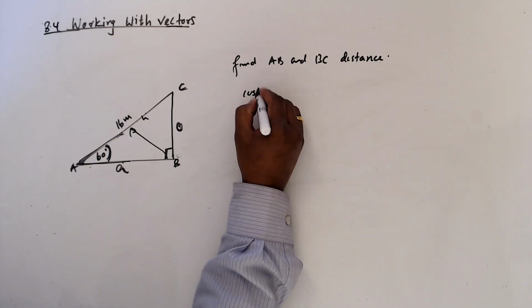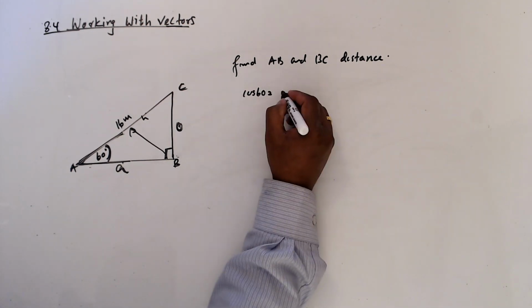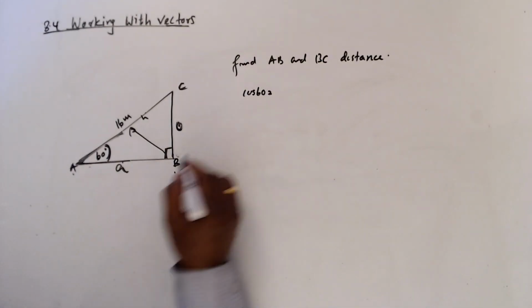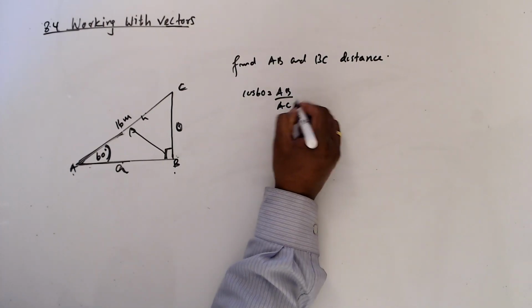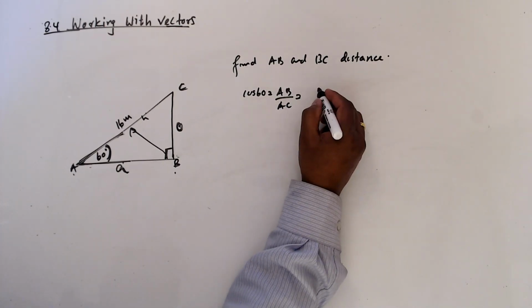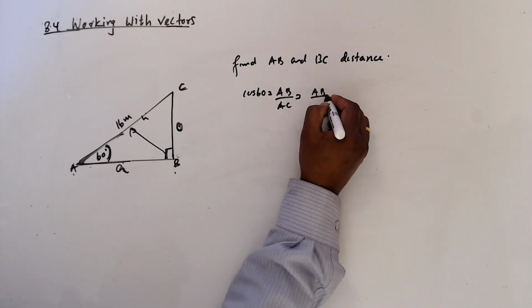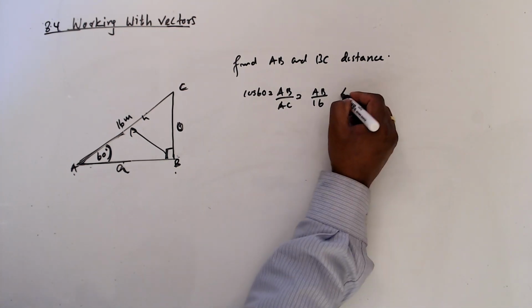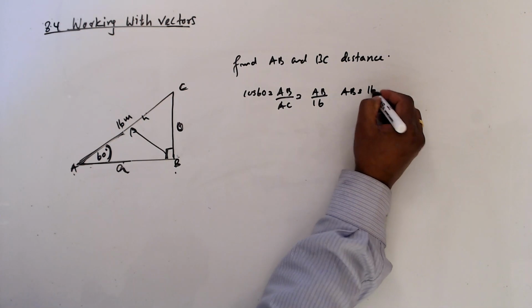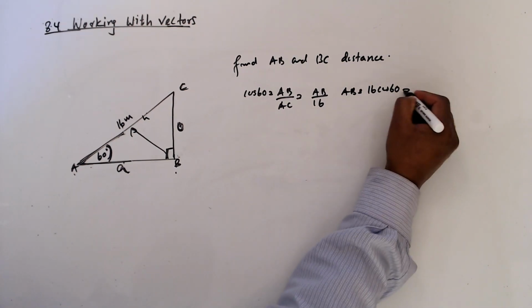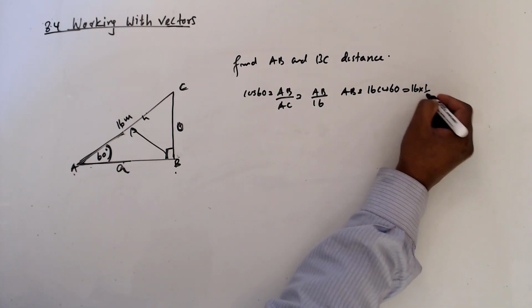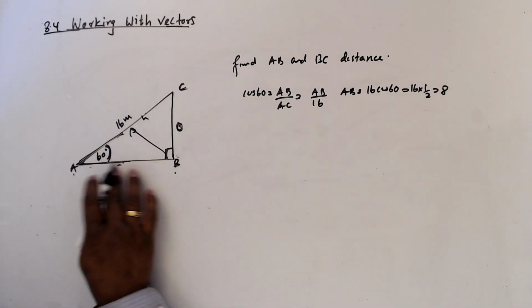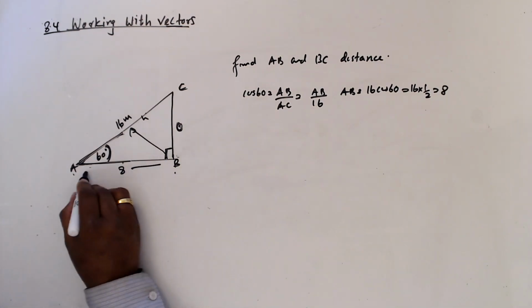So cos 60 is adjacent, which is AB, divided by AC, hypotenuse. So AB over AC, where AC is 16. So AB is 16 cos 60, and cos 60 is half. This is going to be 8. So this is 8.